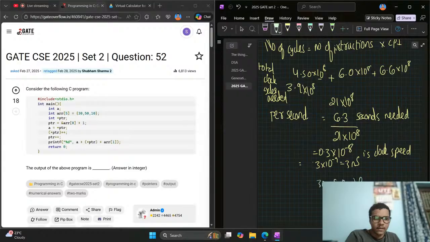Yeah, alright. The value of pointer. Now A is with 50. So, you are incrementing the value of pointer. Pointer is now pointing to 10.